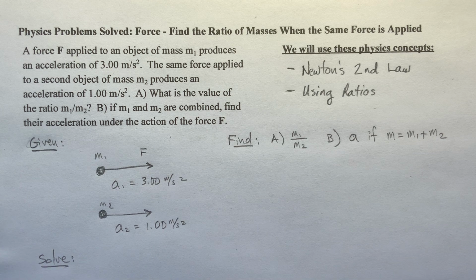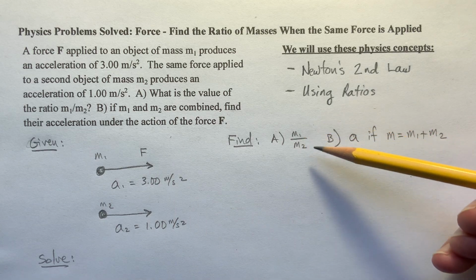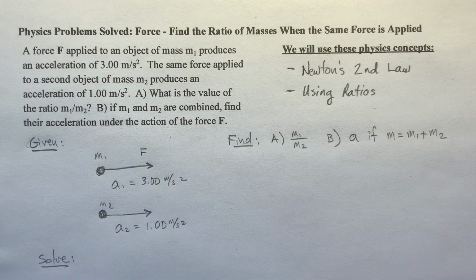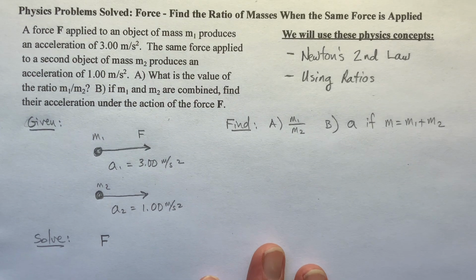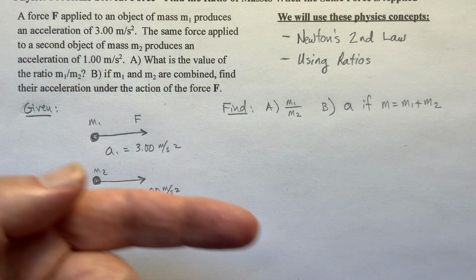Okay. So one of the cool things about ratios, we're going to use them here because look at what we're trying to find. We're trying to find a ratio of m1 over m2. So one thing we can do is we know that F, this force, and we're just dealing with magnitudes here. We don't care about direction. I mean, everything's in the same direction.